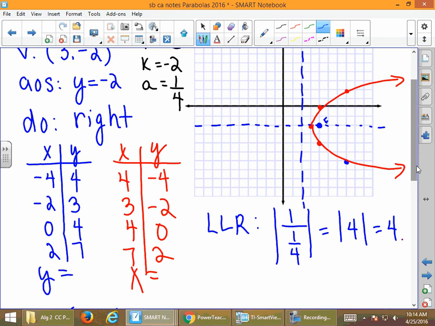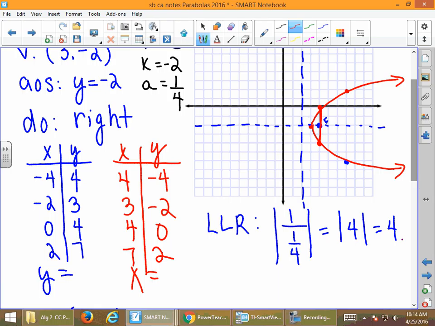On this particular problem, we can see where the focus is. The LLR goes through the vertex. Third time's a charm. It goes through the focus point, and it is perpendicular to the directrix.